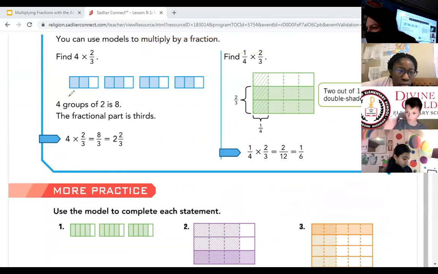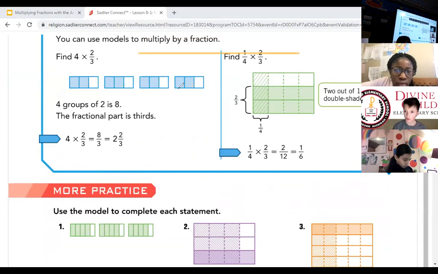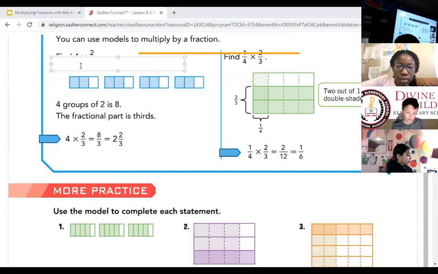So over here on 125, I have you take a little bit of notes to acknowledge what type of model it is. If you can please write on this side where it has the little groupings, where they're all in different little pods, I want you to write the title, whole number groupings.